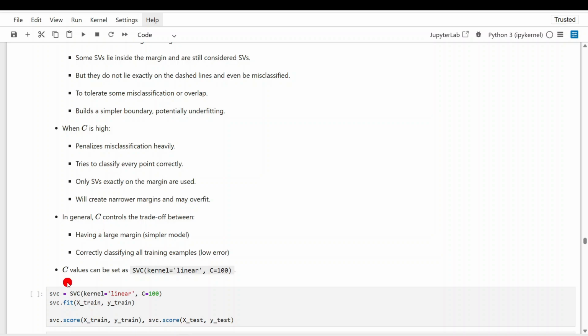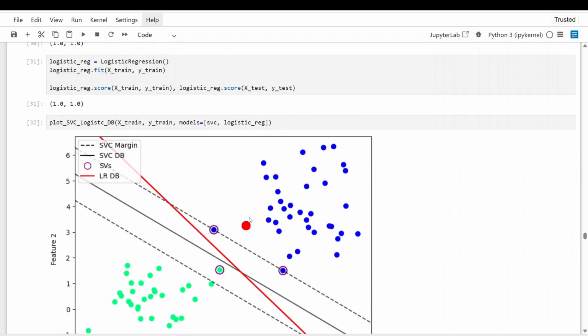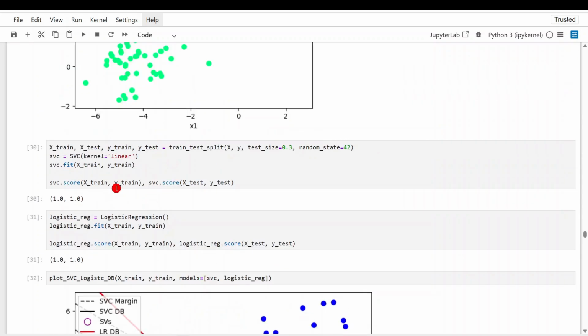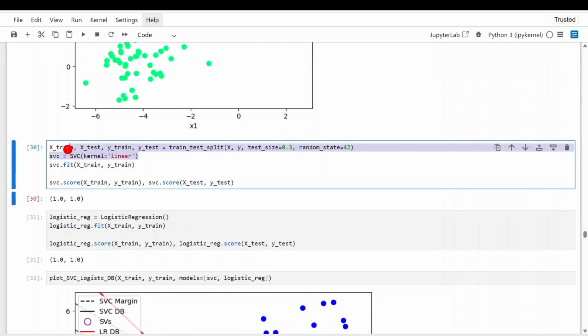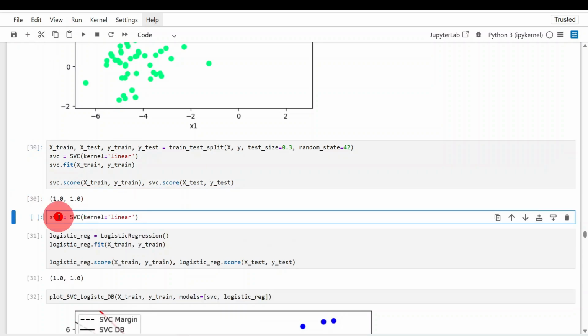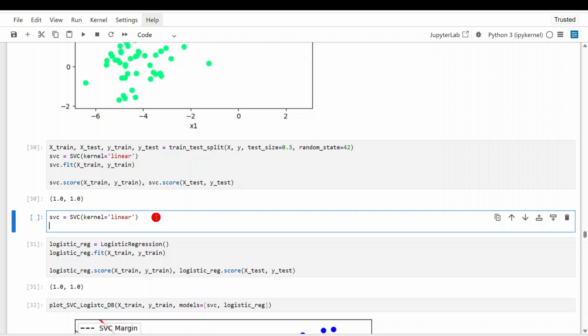Therefore, we can specify the value of C in the support vector classifier by adding the optional parameter C equals a certain number. So here we have these points, and let me instantiate the model again just to see the parameter of interest.